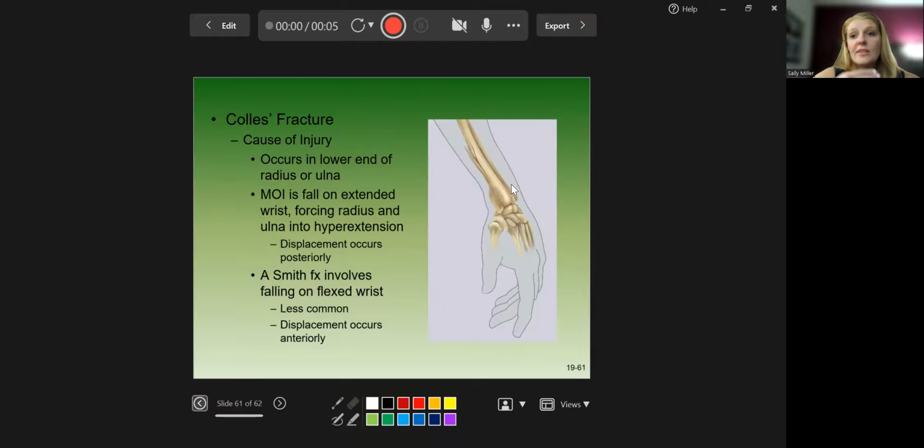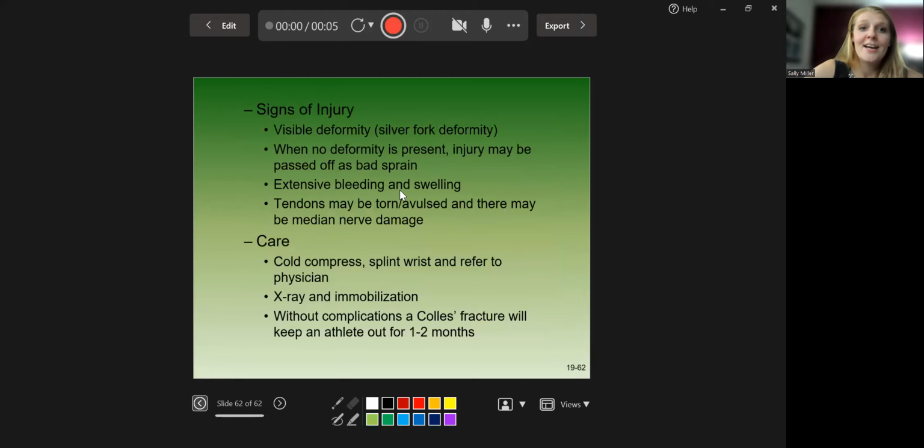When you're looking at those three things, it's essentially all the same thing, just looking at what direction it displaces when it does break. So again, not super, super scary to have. Usually it's not going to have any severe long-term effects if it's handled properly at the get-go. If it's not, then again, you'll have some issues later on, but very easy to treat if you go get that treated.